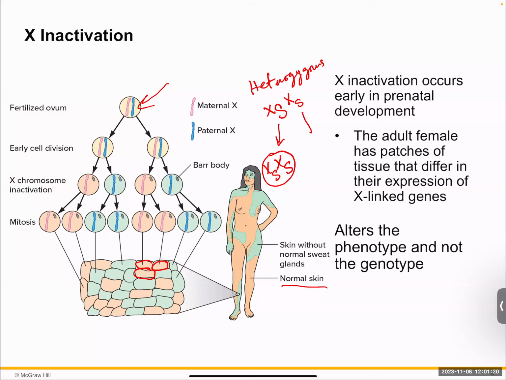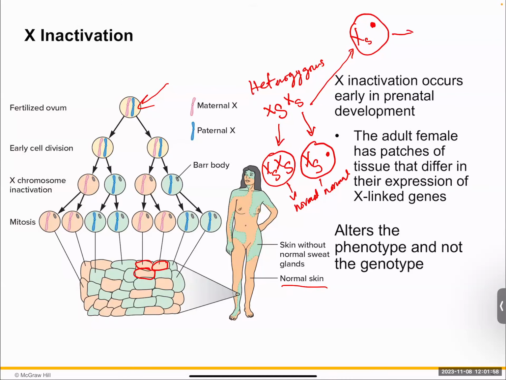Now, the other option is that you have a cell where capital X and S, and then you have this little bar body that is the inactivated X chromosome. Again, this one also leads to what? Normal, because both of them still have the dominant gene. But what if I have the following scenario? I have X lowercase s and the bar body for the dominant gene.